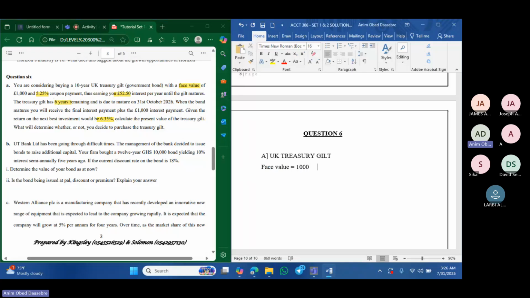And we have the coupon rate, which is 5.25%.